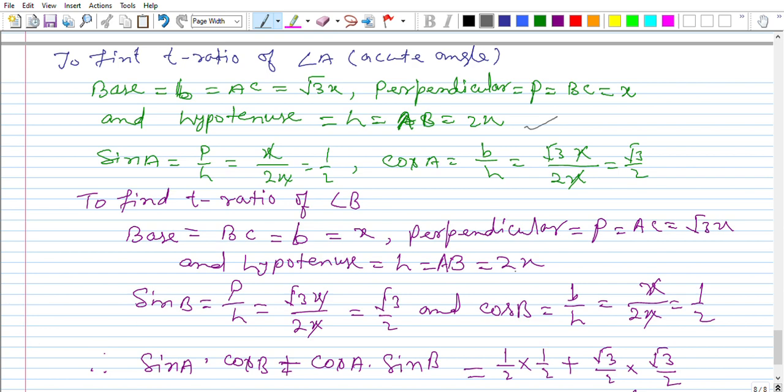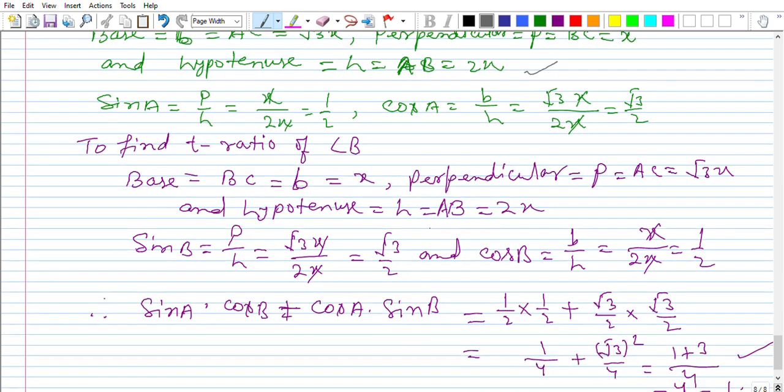Then sin B equal to P by H, because in the expression given sin B, it shows that it's required to find with respect to angle B, and cos B equal to B by H. After calculating and cancellation, we get sin B equal to root 3 by 2, cos B equal to 1 by 2.